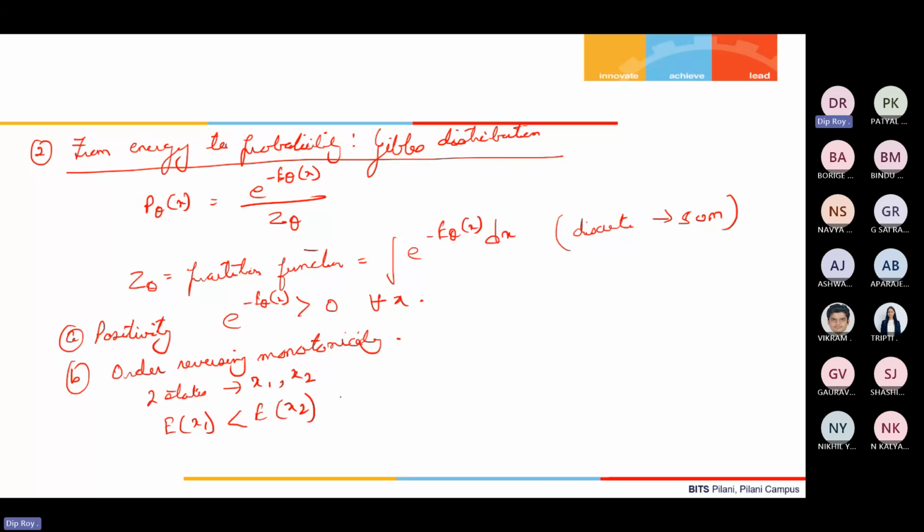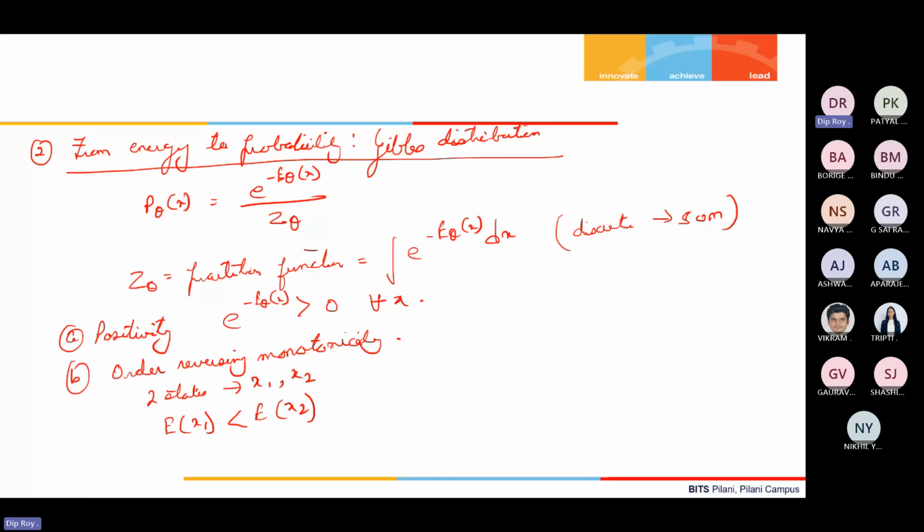And if the energy of x1 is less than the energy of x2, it means that the probability of x1 is greater than the probability of x2, the reverse.